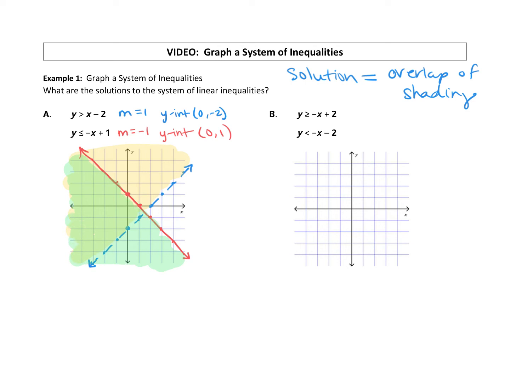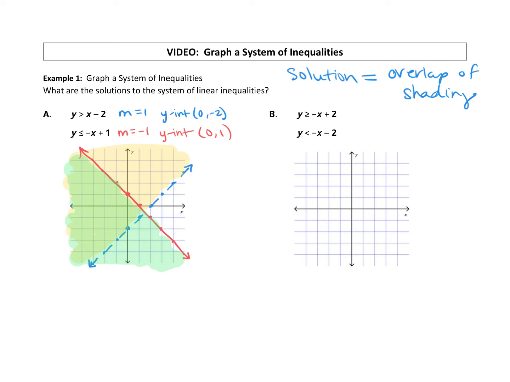You can see, it's subtle, but here's the yellow shading. This was everything above the blue line. Here's my green shading, everything below the red line. And then this is the region right here that got shaded twice. That's the overlap. So this is the solution set. Any points in this shaded region that got shaded twice.